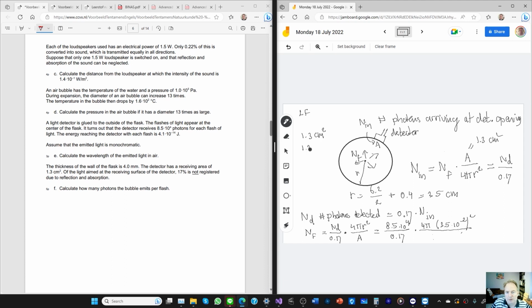Is 1.3 times 10 to the power minus 4 meter squared.